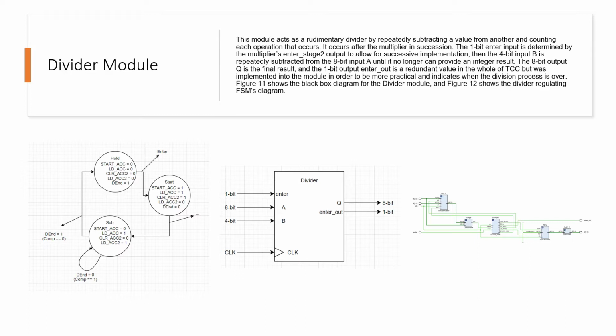Each time this happens, the values are checked by a comparator that sends a signal back to the regulating FSM. When the comparator tells the regulating FSM that the value of B is greater than the value inside the decumulator, we know that the process is complete, and the output can be sent forth along with a completion signal, similar to what we installed in the multiply FSM, in order to allow the next stage to move synchronously.